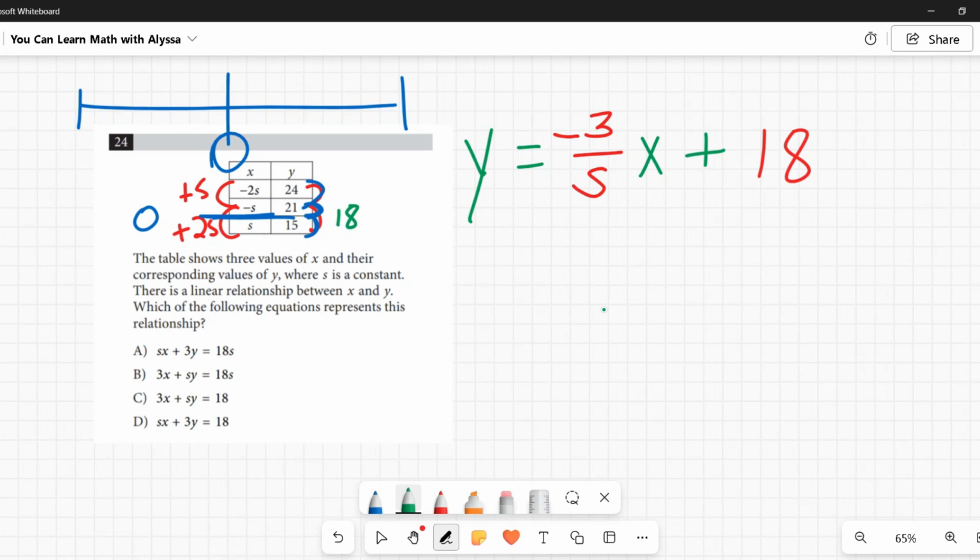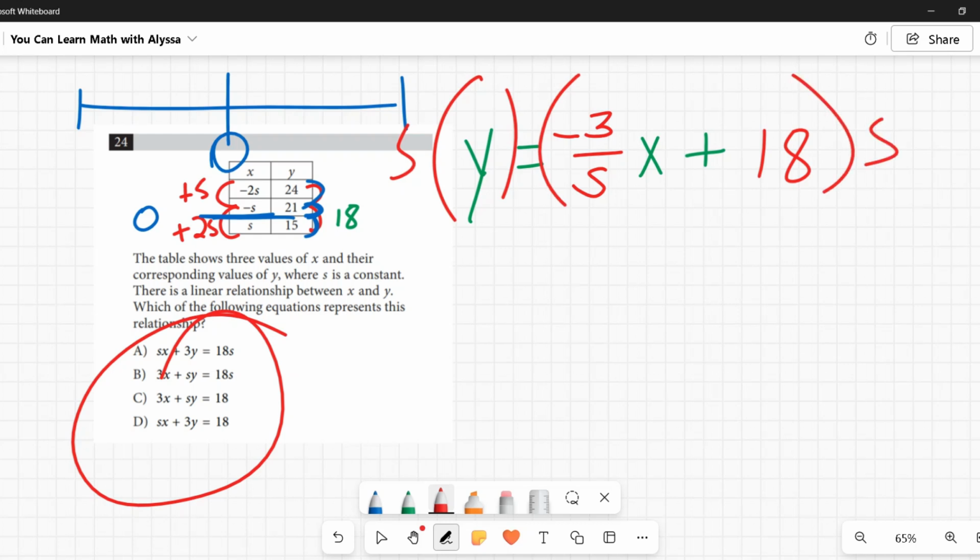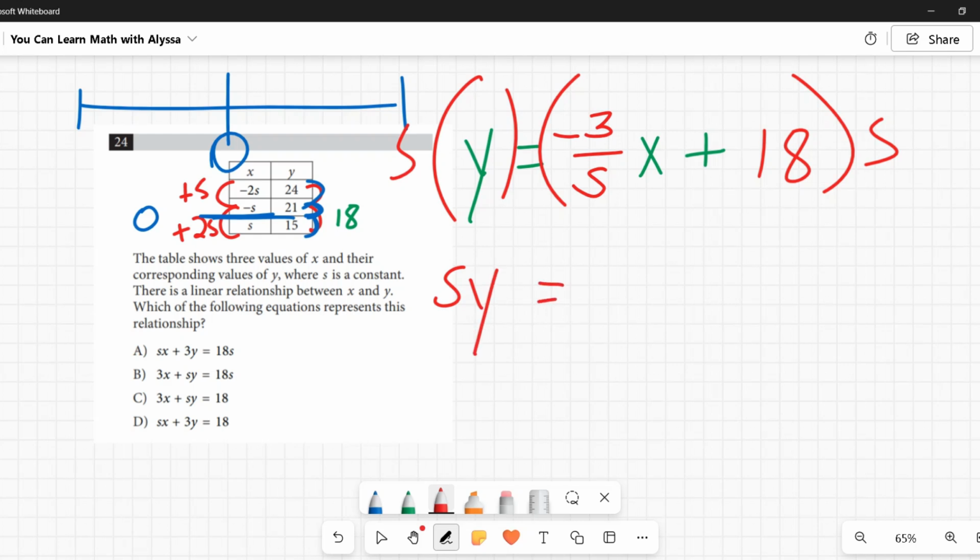So now I have my equation, y equals negative 3 over s times x plus 18. But if I look over here, there are no fractions. So even if I move this over here, I still got to get rid of this fraction. So since that's being divided by s, I can multiply both sides by s. And that will get rid of this fraction. So on the left, I have s times y, sy. Then I have negative 3 over s of x.